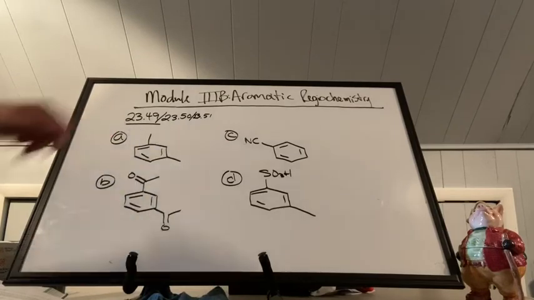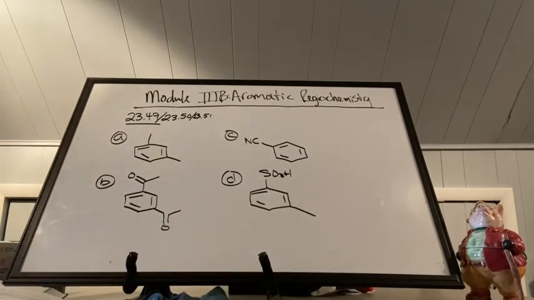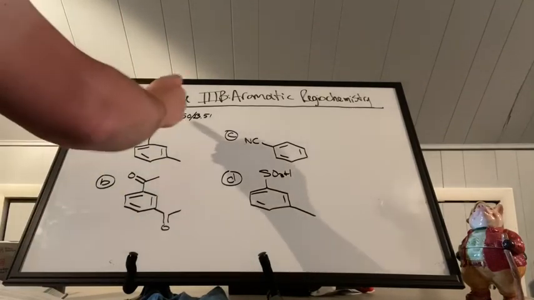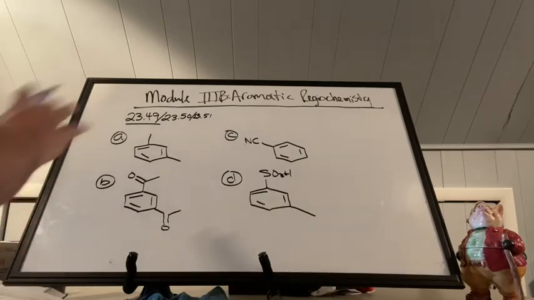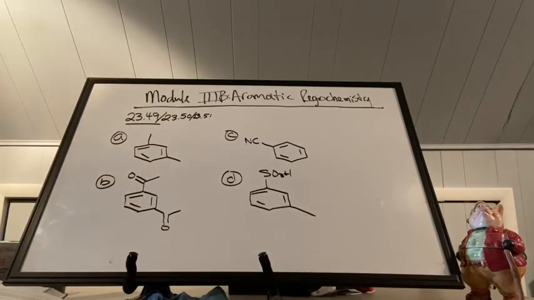Okay, so in your notes I put 2349. I'm going to do a triple whammy here and add 2350 and 2351, so just through examples A through D. The only ring among these four that is activated is this 1,3-dimethyl or meta-dimethyl benzene.